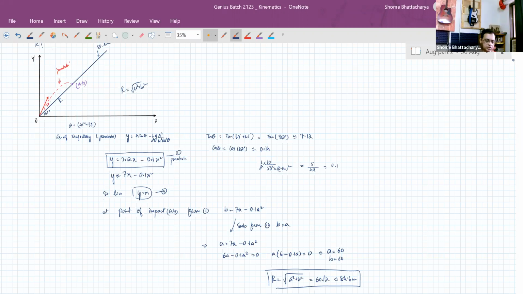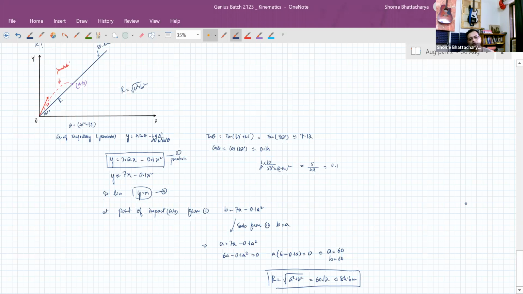Okay, so this completes projectile motion, and with this, what we call kinematics part 1 is completed. Because in our IITian format of the physics syllabus, we divide kinematics into two parts. Kinematics 1, which is general kinematics in 1, 2, and 3 dimensions, and kinematics 2, which is relative motion.